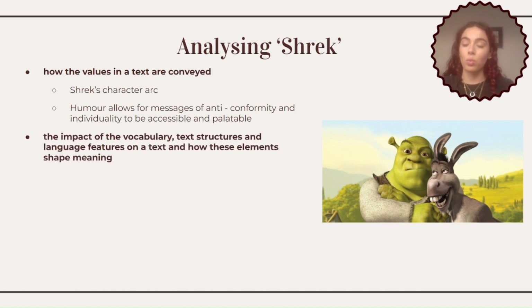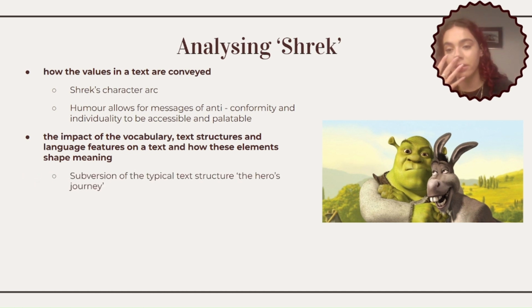Then we talk about the way that it is written, filmed in this case, and how these different things shape meaning. So we've got the typical structure of a text called the hero's journey, okay? It is found in so many different texts out there in the world for the longest period of time, right?